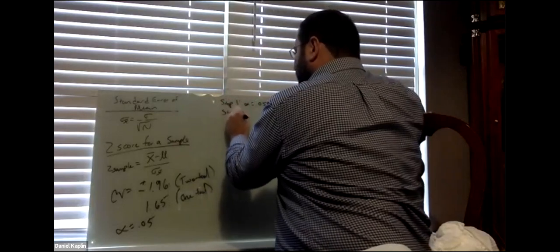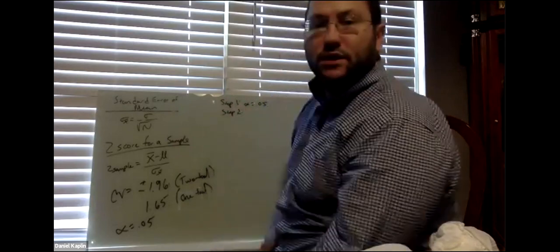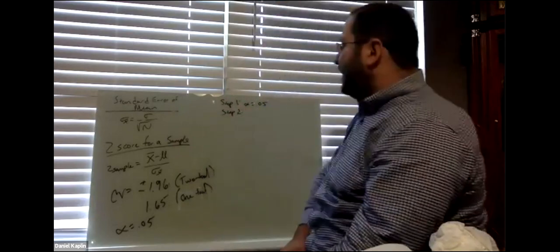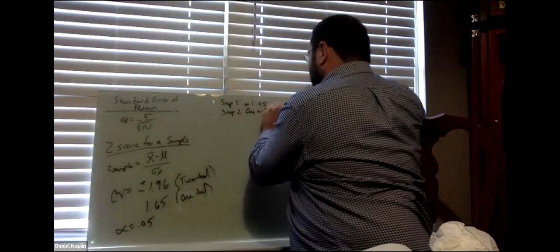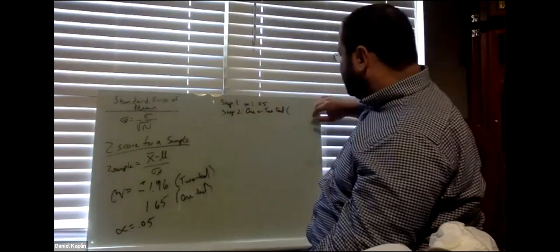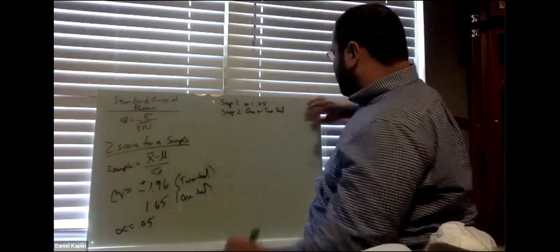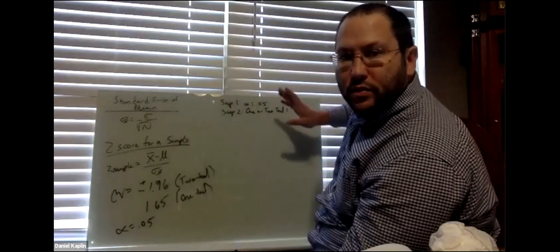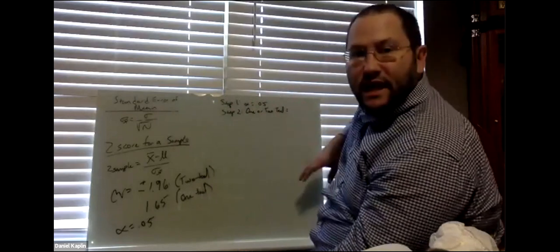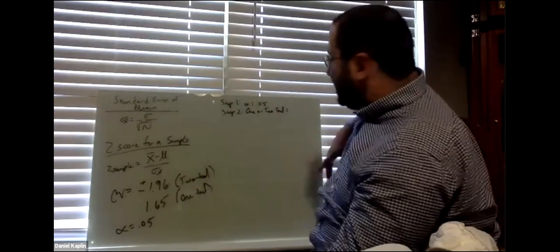Step two, determine whether you have a one-tail or two-tail test. And in our case, because we want to know if our IQ of 103.48 is significantly greater than the average, we're going to say ours is one tail.